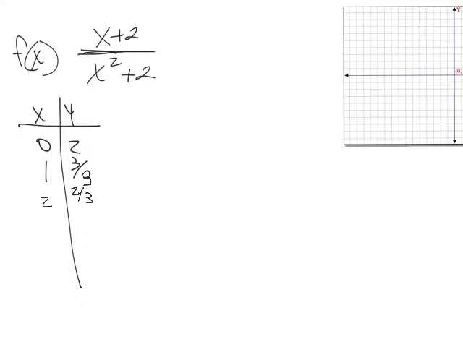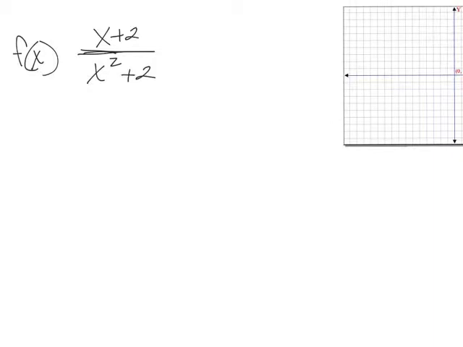Let's say my x value is 5. Then I get 7 over 27. So what is happening as my x gets bigger? My y value gets smaller. Okay? So all that to say, as my numerator gets bigger, in this one, my denominator gets a lot bigger.